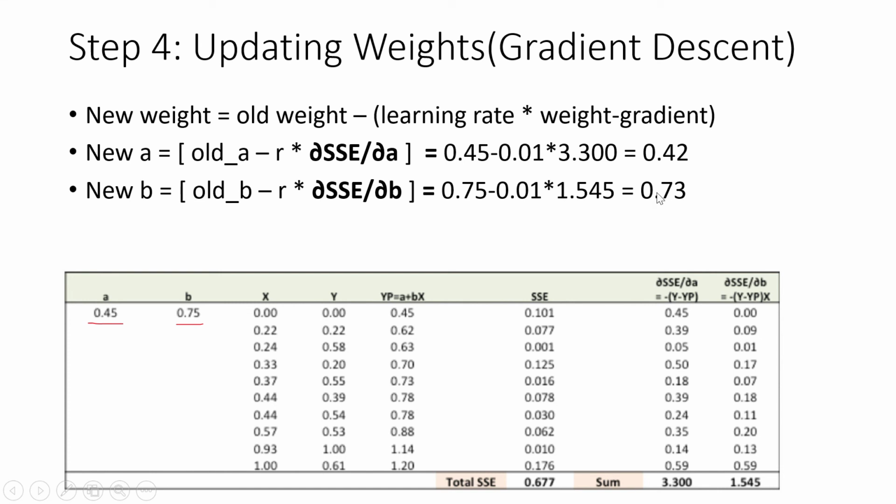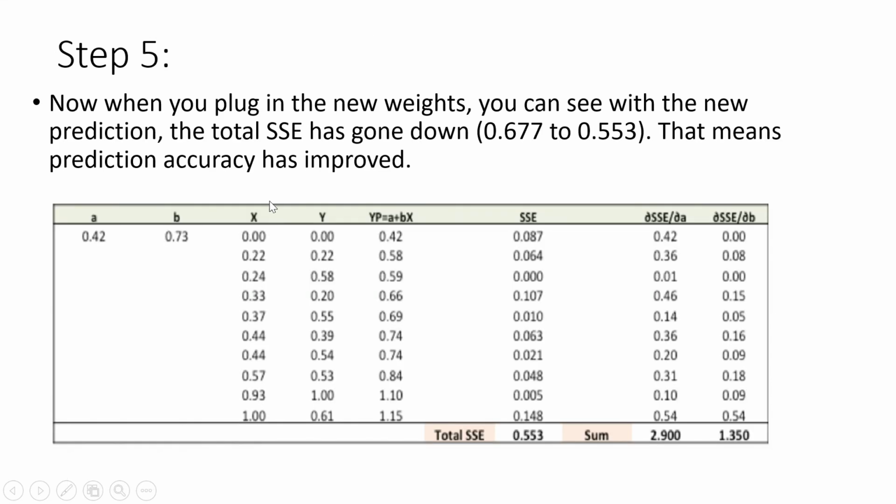And with these new weights, we will again perform step 2 to step 4, and when we perform this, we get this new table. We made this new table using these two values, which are the new values of a and b.